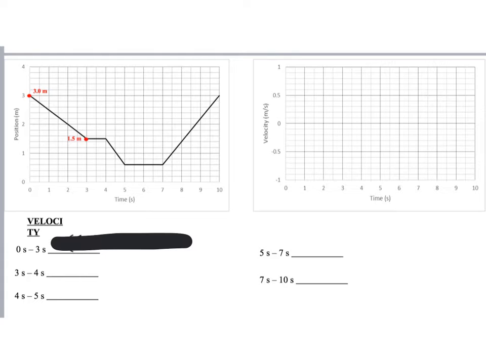Now 1.5 minus 3 gives us a negative 1.5 meters. When you divide that by your time, which is 1, 2, 3 seconds, if you put that in your calculator, you're going to get a negative 0.5 meters per second.